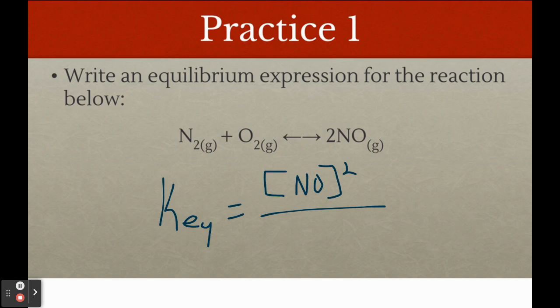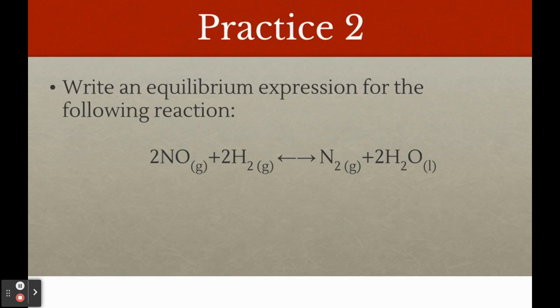Now we're going to include both reactants because they are both gases, so it will be the concentration of N2 times the concentration of O2. And since both coefficients are 1, they would be raised to the first power, which is the same thing as what the concentrations are. So that is our equilibrium expression for this reaction.